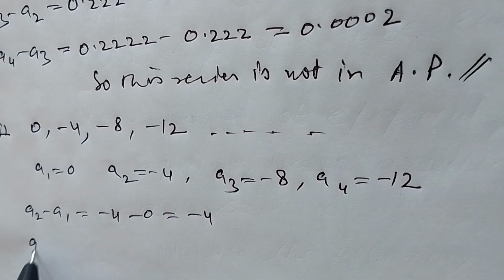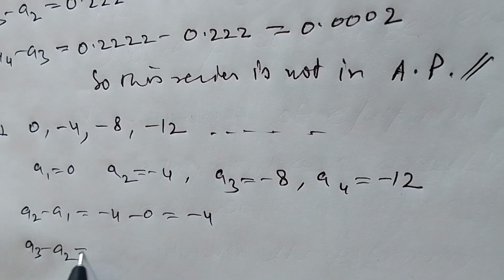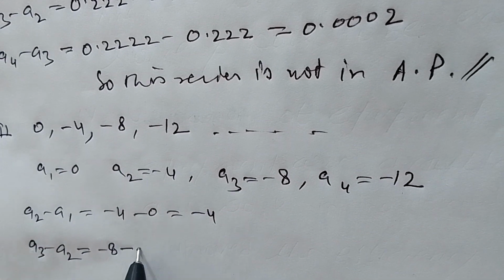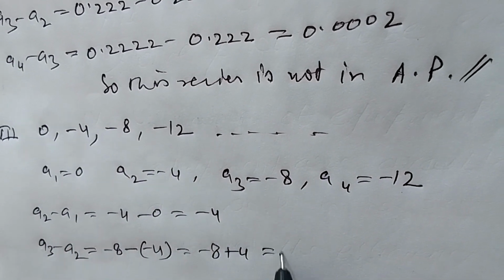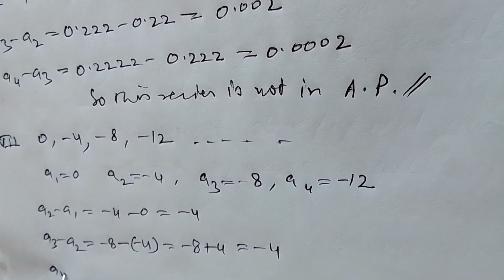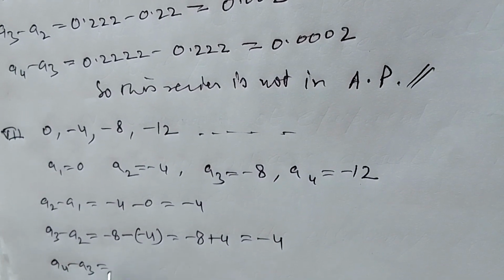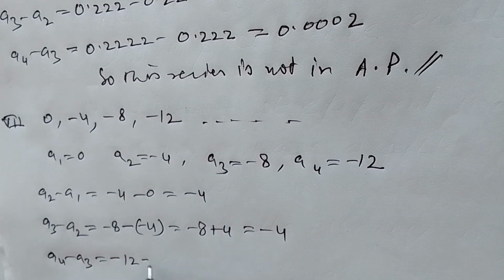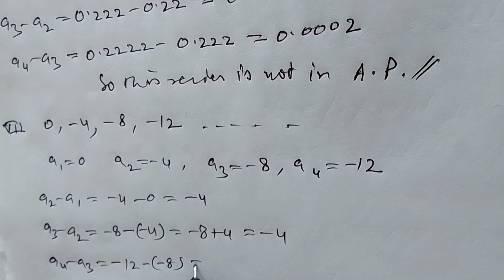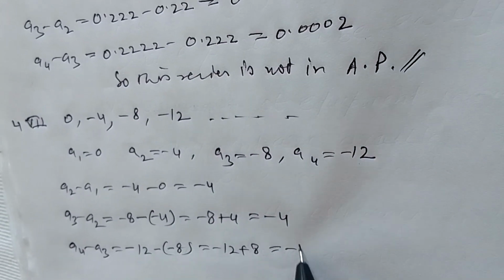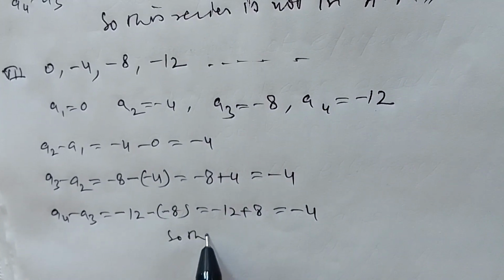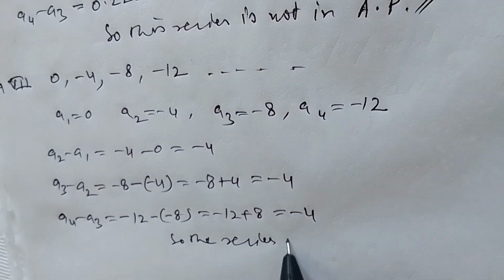Then A3 minus A2, that is minus 8 minus minus 4, so minus 8 plus 4 comes out to be minus 4. Then A4 minus A3, that is minus 12 minus minus 8, that comes out to be minus 12 plus 8, that comes out to be minus 4. So the series is in AP.